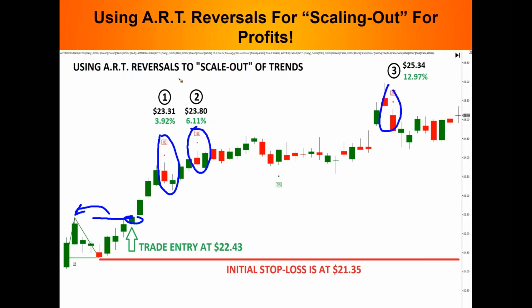So if you wanted to scale out at certain times, you can use these particular price bars. And there's a variety of reasons why you may or may not want to scale out. Again, we give you some good structure, good trading rules on how to determine when to scale out. But for the sake of this particular slide, just notice there were 3 opportunities, each one having a different yield of profit from the original entry. So that's built into the system as well.